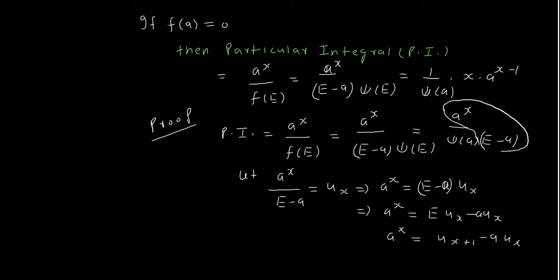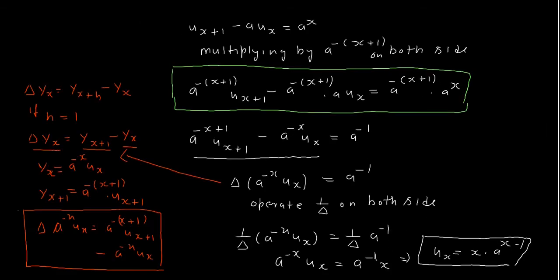So you may write this one equal u(x) upon phi(a). So this one is equation number 1.